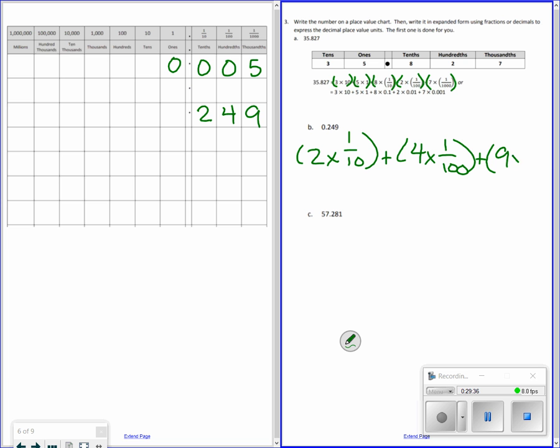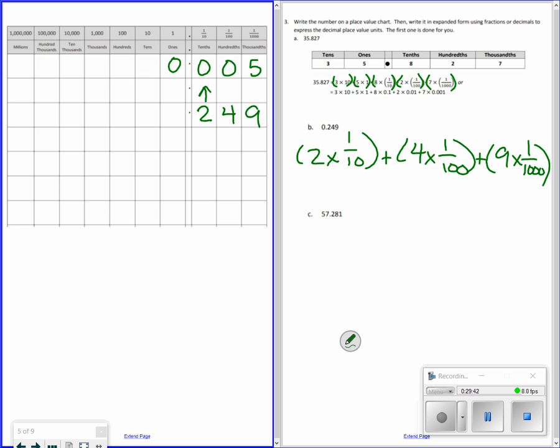And if you use your place value chart, doesn't it make it a lot easier? You write your numbers, you look up. You don't even have to remember the decimal place. You just look up. Easy peasy.